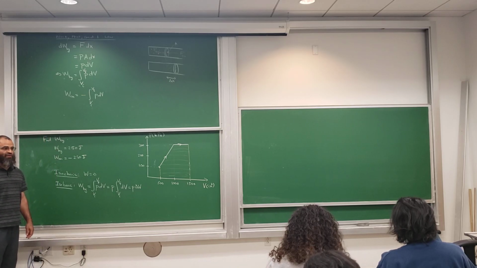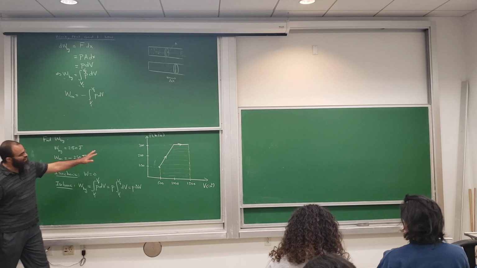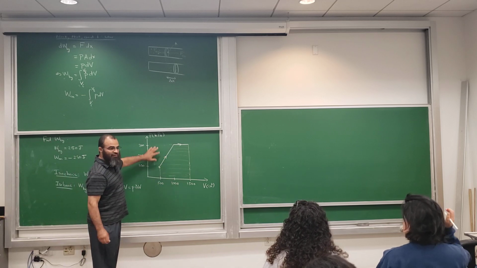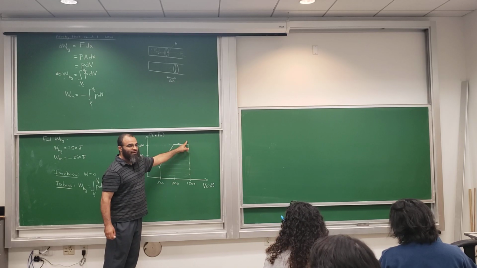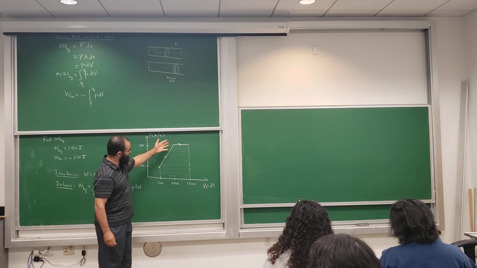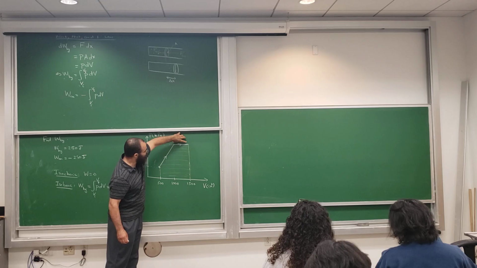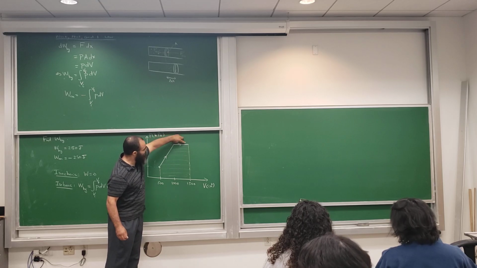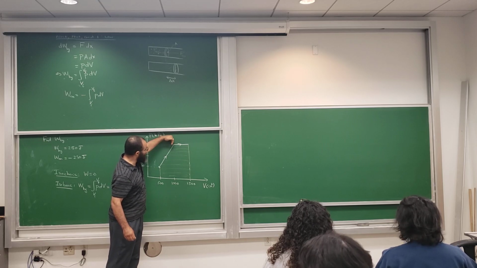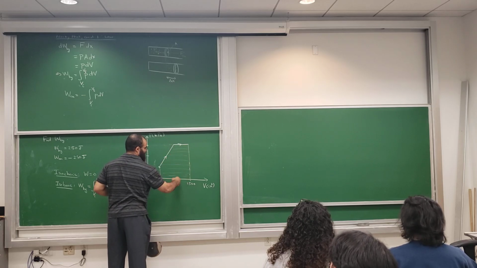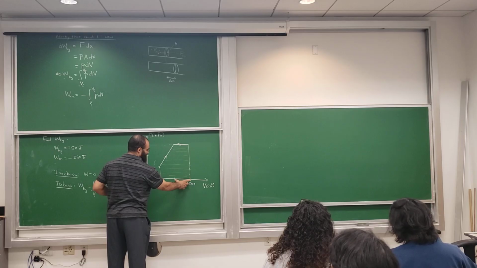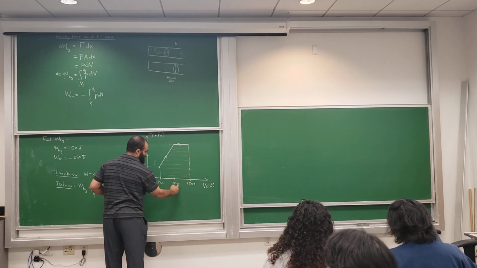P times delta V. Which part of this graph was isobaric? This one. So think about the area in this case. What's the area for this rectangular part? It's this P times the change in volume. It's the height times width. The height is P. The width is final minus initial, 1500 minus 1000.